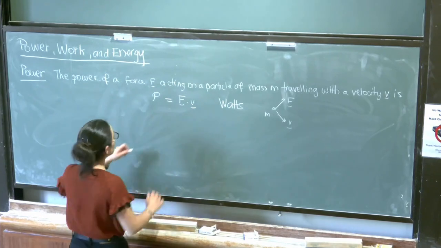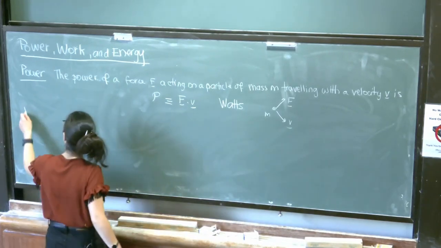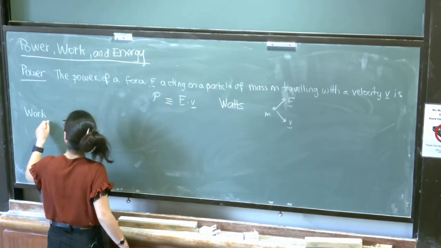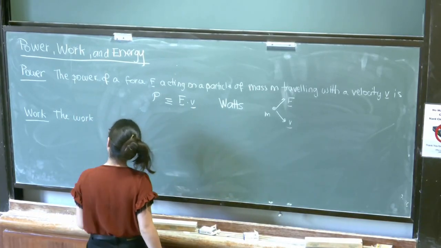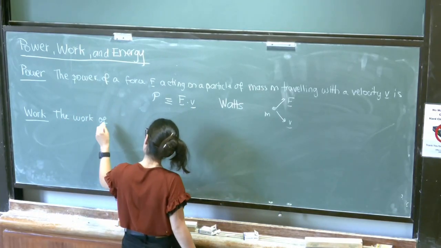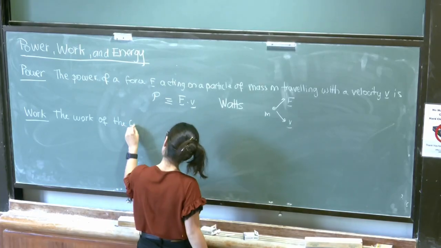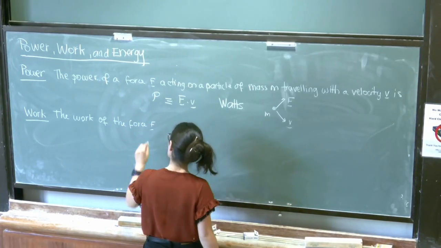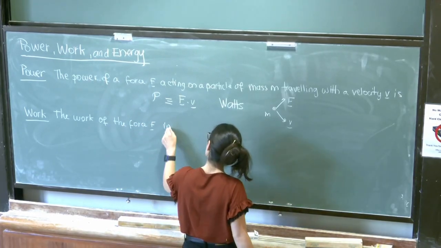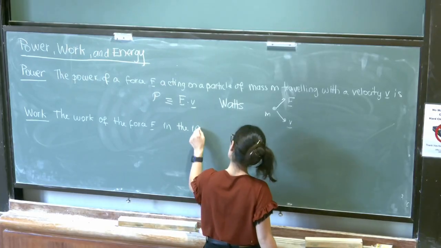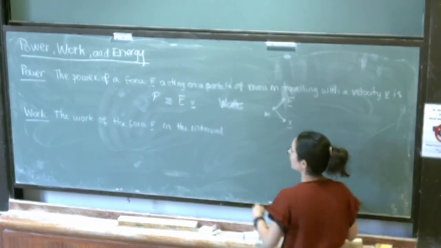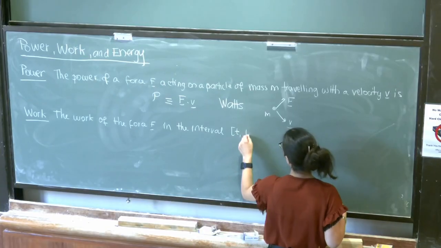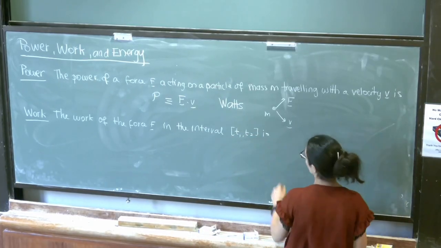And that's a definition, by the way. Work. So the work of the same force F in the interval t1, t2 is the integral of the power with respect to time.